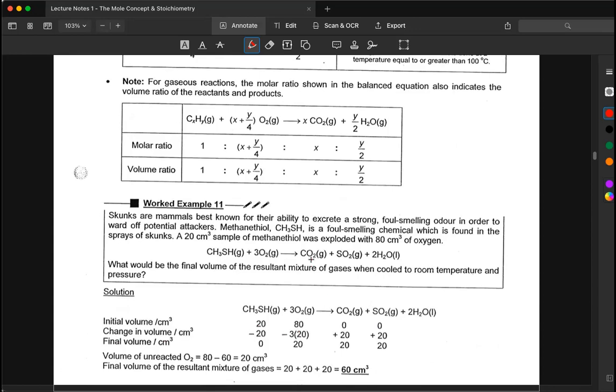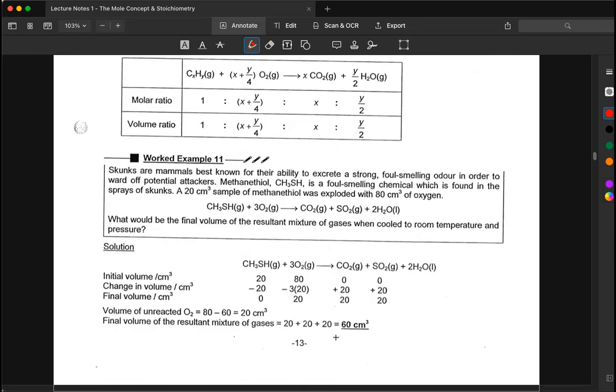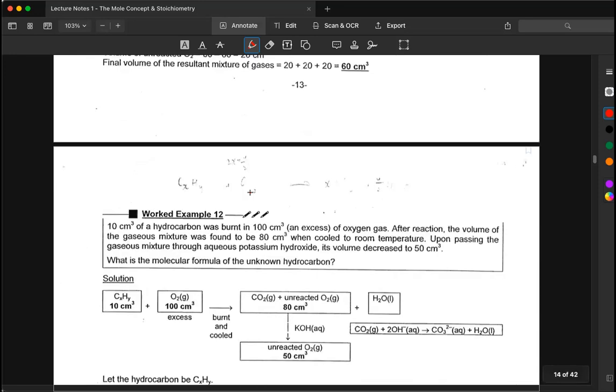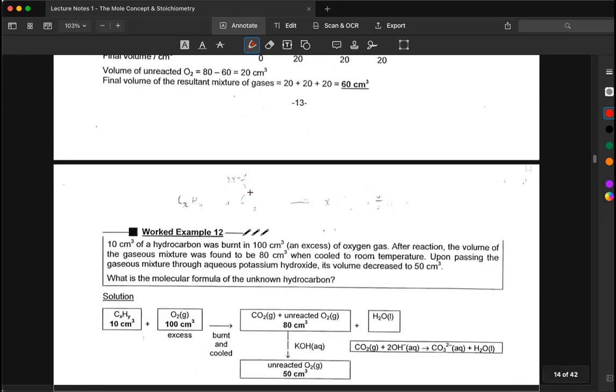Since the mole ratio of CO2, SO2 is the same as the reactant gas, so the volume gain is also 20, 20. So the new volume will be 60 cm³. Just add this together. There should be no methane thiol remains. Okay, another example.